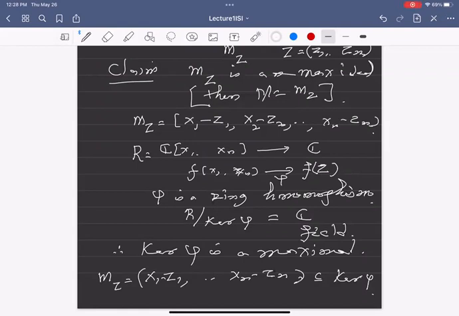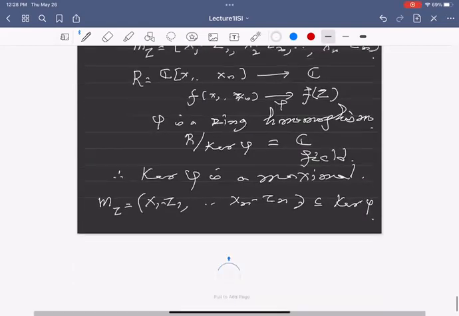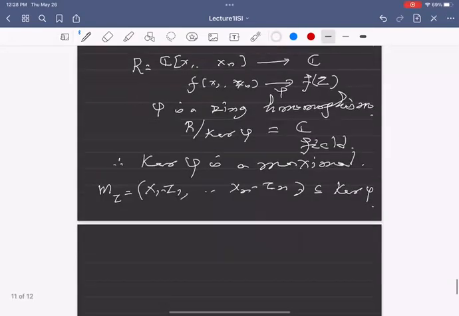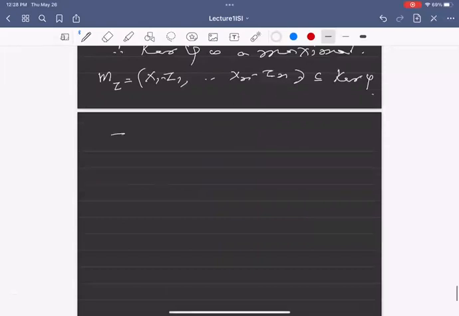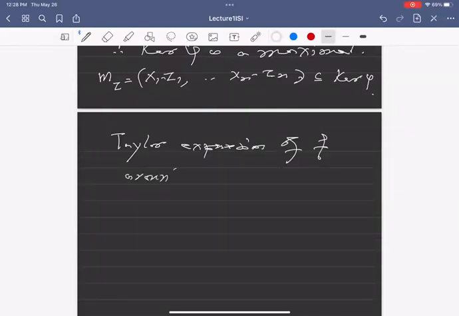If f(z) is 0, what is the constant term in the Taylor expansion of f around z1, z2, ..., zn? So it is 0. So take the Taylor expansion of f around z1, z2, ..., zn.